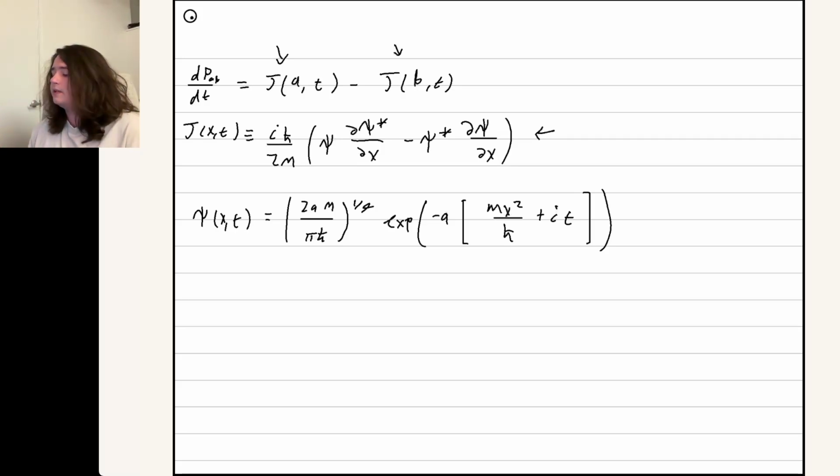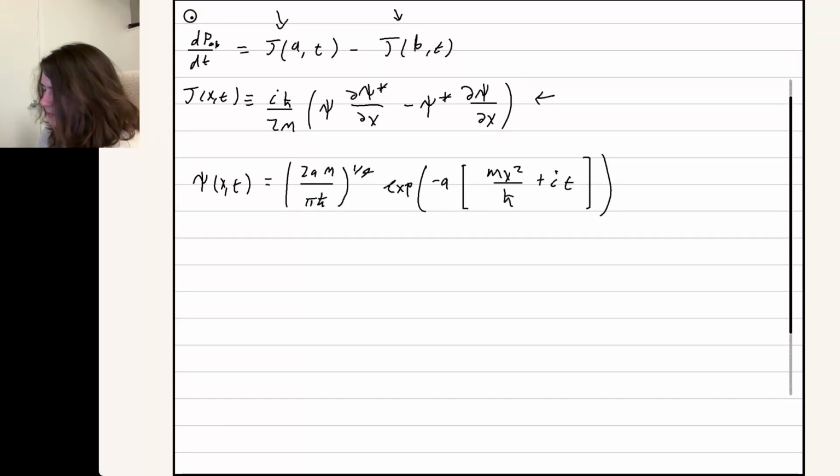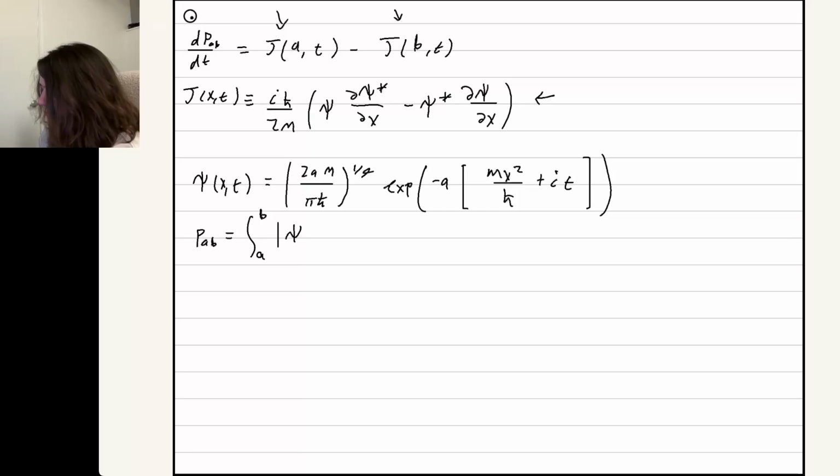So, okay. First of all, the probability that you find a particle between the points A and B is given by the integral from A to B of the square modulus of the wave function over position.